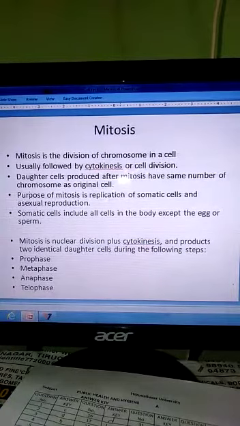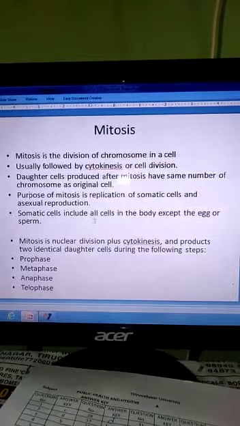Then mitosis. Mitosis is the division of chromosomes in a cell, usually followed by cytokinesis or cell division. Daughter cells produced after mitosis have the same number of chromosomes as the original cell. The purpose of mitosis is replication of somatic cells and asexual reproduction.